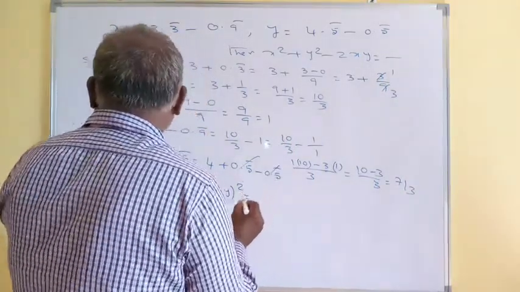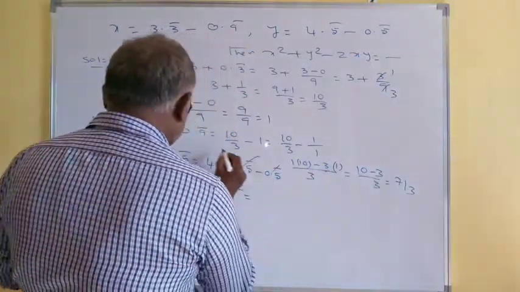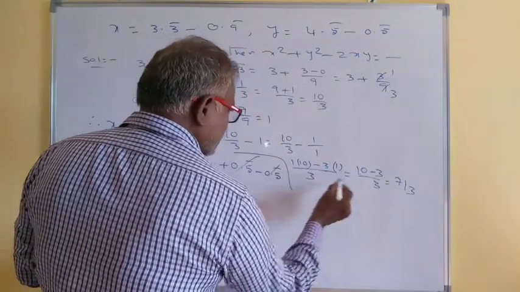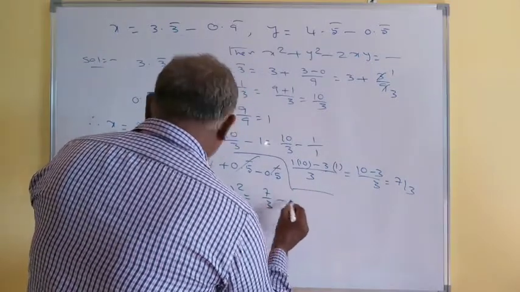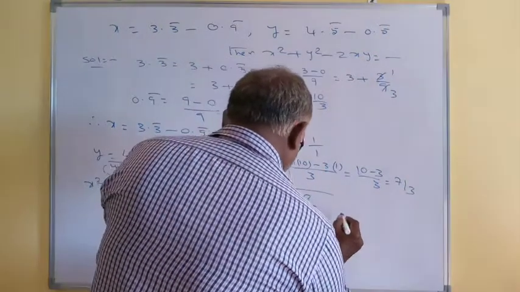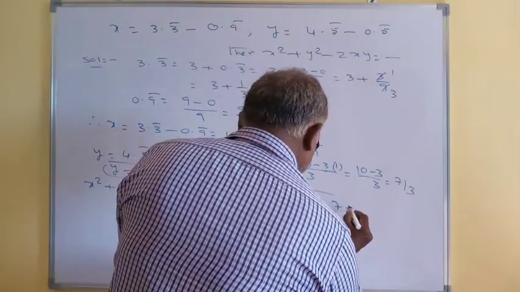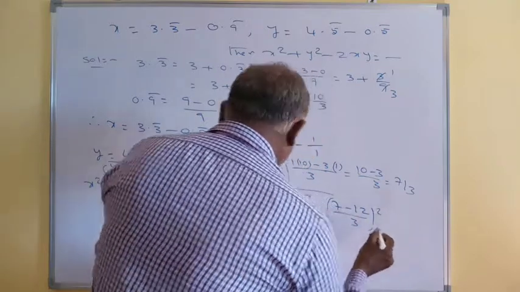That means what is the value of x here finally? Here x value is 7 by 3. So 7 by 3 minus y, which is 4, whole square. That means 7 minus 3 into 4, 12 by 3 whole square.